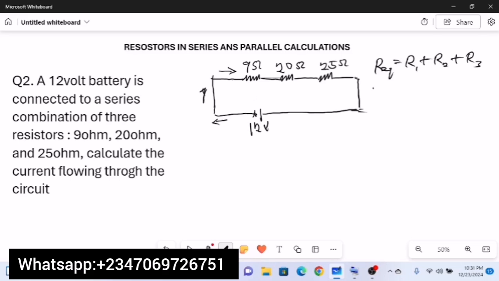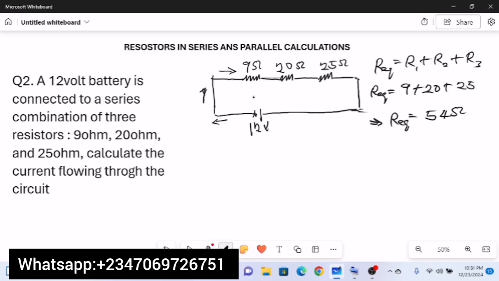So R equivalent, which is the equivalent resistance, becomes 9 plus 20 plus 25. So this simply implies that our equivalent resistance will be equal to 9 plus 20, that's 29, plus 25, that is 54 ohms. So the equivalent resistance is actually 54 ohms.